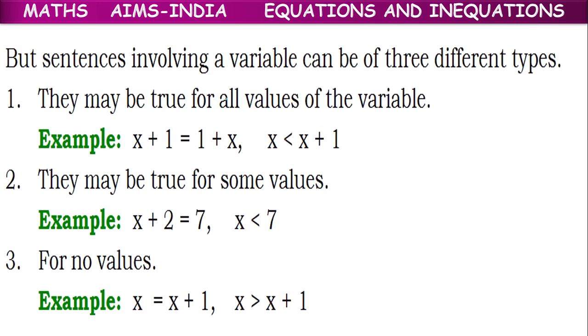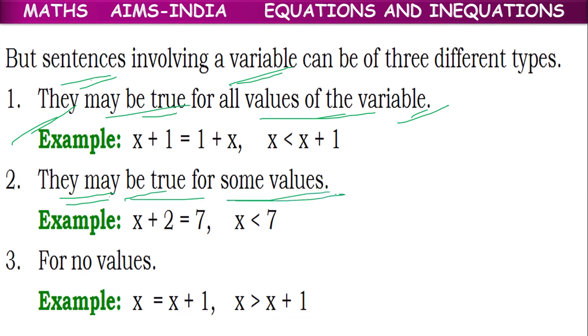So the sentences involving variable may be true for all values of the variable. That kind of sentences we can have, and they may be true for only some values. Suppose x plus 2 equal to 7.